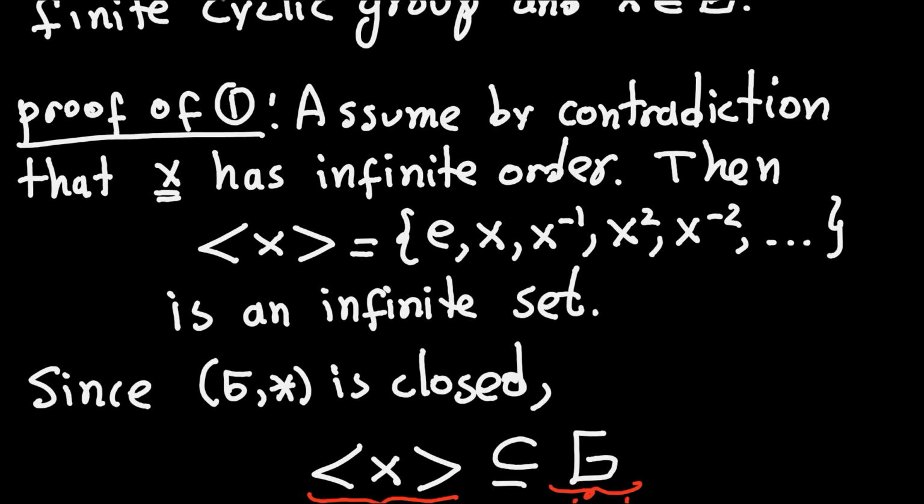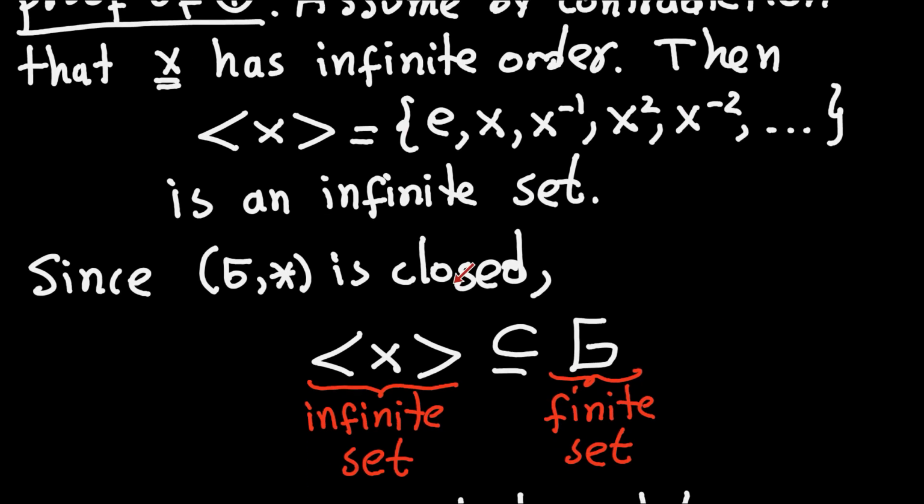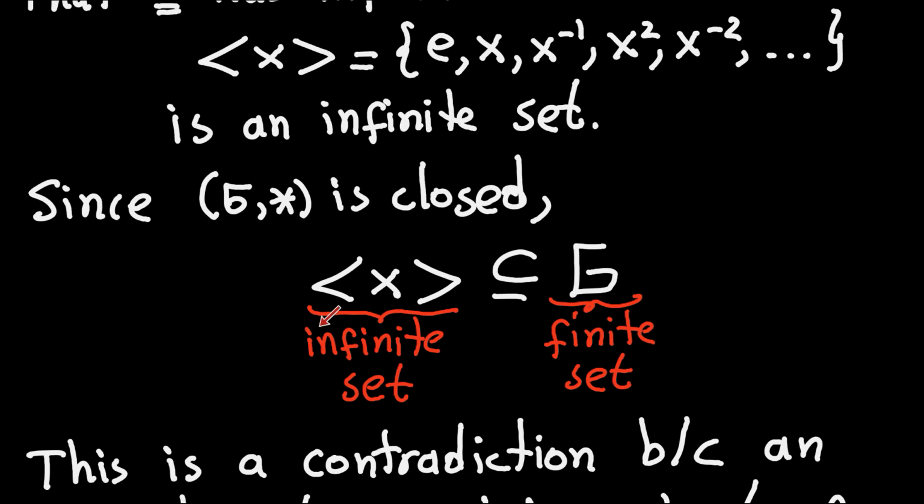Okay, so assuming that this is an infinite set, let's continue with the argument. We know that this is closed under the binary operation, so all the elements in this set are elements of G. That implies that the collection of all the powers of X is included in the set G. But there's a little problem here.